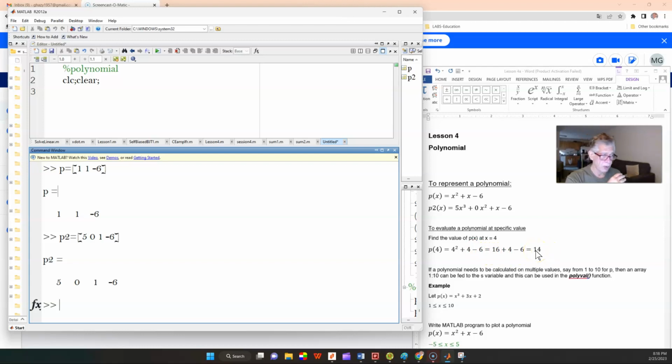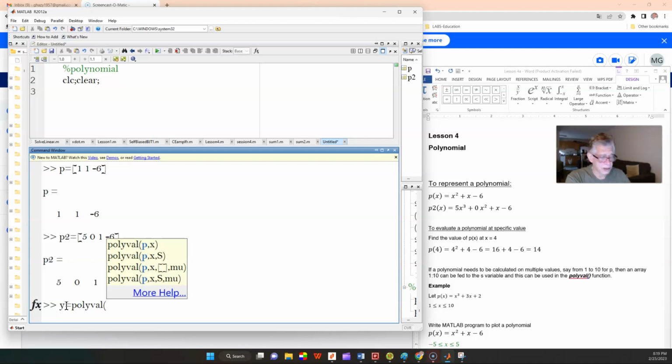So how can you do that using MATLAB? Let's say the value will be y, so y equals polyval. Polyval means the value of the polynomial. That's the way you write it using MATLAB. Since it's a function, you use parentheses here. Once you type polyval, you get this list from MATLAB to help you.